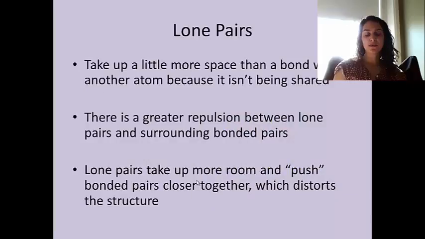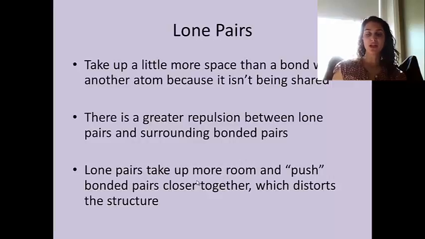So let's talk about lone pairs. They take up a little more space than a bond between another atom. And this is because they are just connected to the central atom, so they balloon out a little bit. It's not being stretched, I guess you could say, between 2 atoms. It's just sitting on that one central atom and balloons out. And because of this, it has a greater repulsion between the lone pairs and the surrounding bonding pairs.